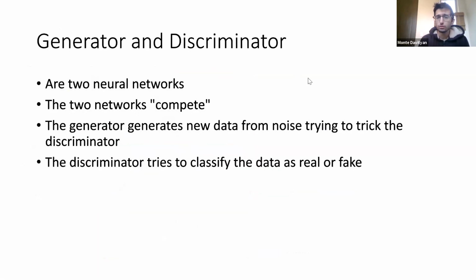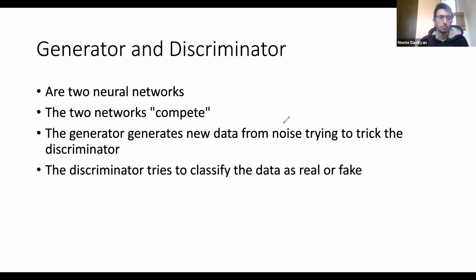So there's two concepts in the GAN. There's a generator and a discriminator. That might sound a little confusing too. Let's break it down. We actually have two neural networks in this case. This is different from what we did before, right?